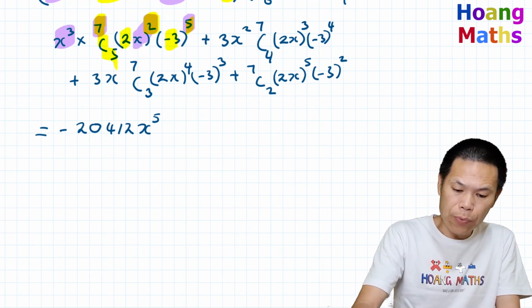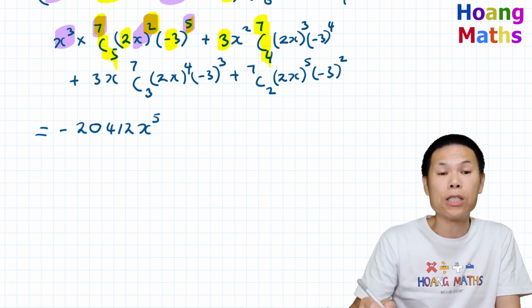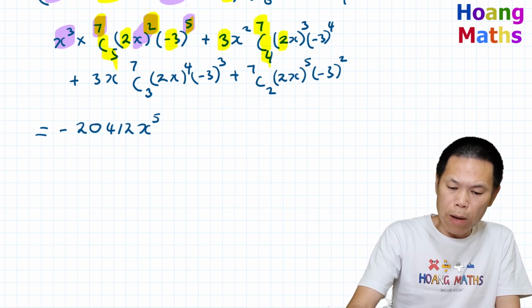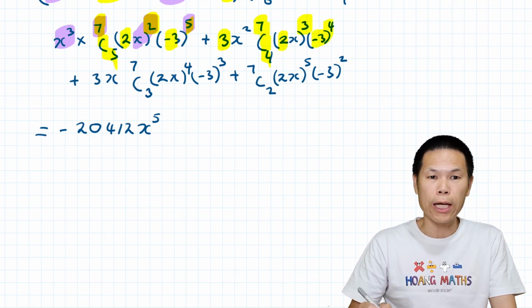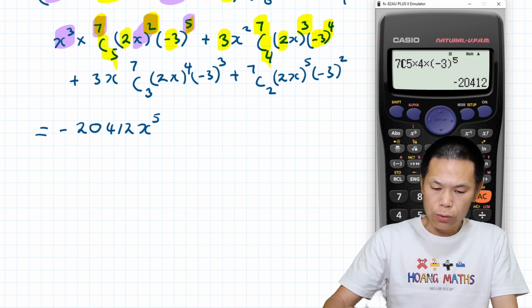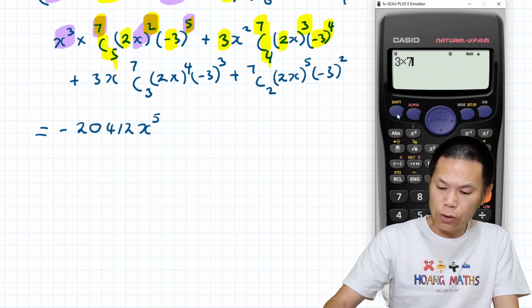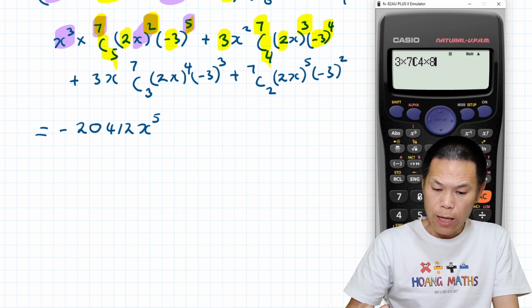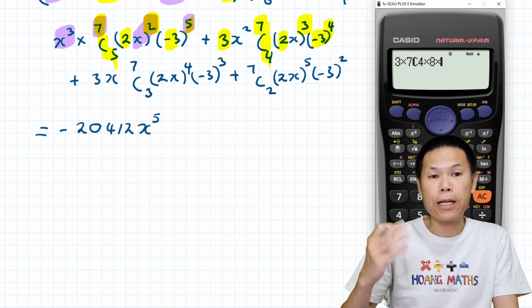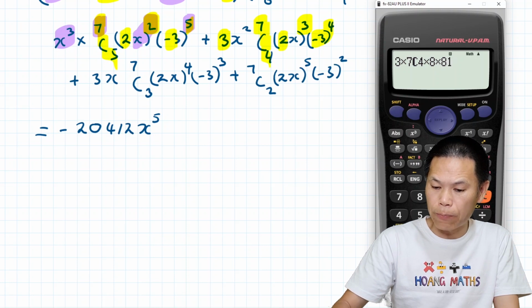And then the next term, we can just use 3 times 7c4 and 2 power 3, negative 3 power 4. So I just put it on the calculator. I just go 3 times 7 shift c4 times 2 power 3, that gives me 8, and then times negative 3 power 4, that gives me 81 anyway, so just times 81.